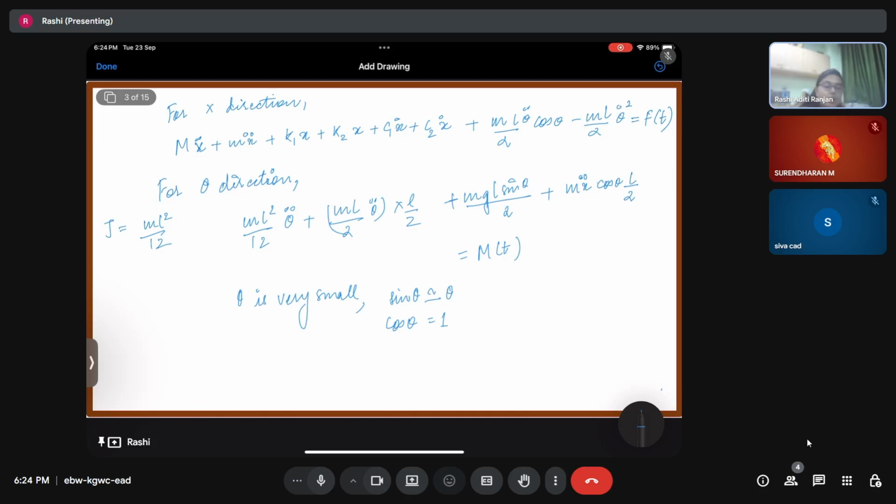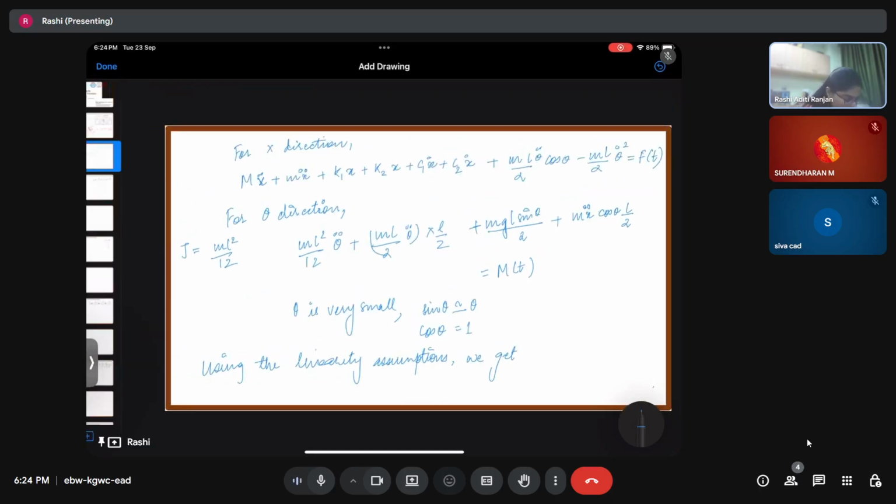Okay, so now if we replace these values, using the linearity assumptions, what is going to happen?